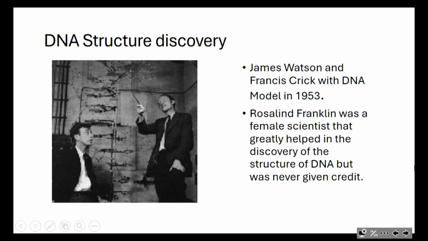She took a picture of DNA, and Watson and Crick came into her scientific lab, found the picture, and it was kind of their eureka moment on what the shape of DNA could look like. Unfortunately, she never really got the credit that she deserved, and she didn't get her Nobel Prize because she had died by the time Watson and Crick got there. So for this class, you really want to remember Watson and Crick, but just outside of biology class, let's also remember Rosalind Franklin because she played a huge role in our understanding of this scientific principle.